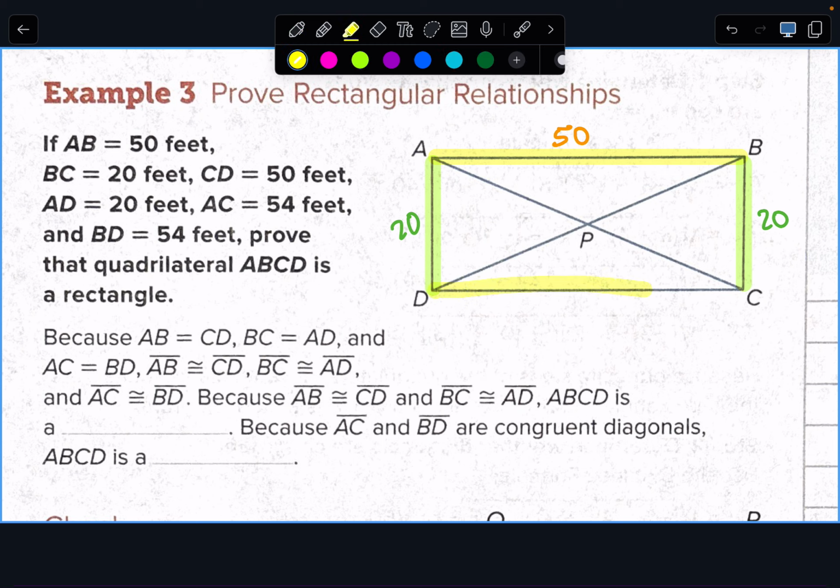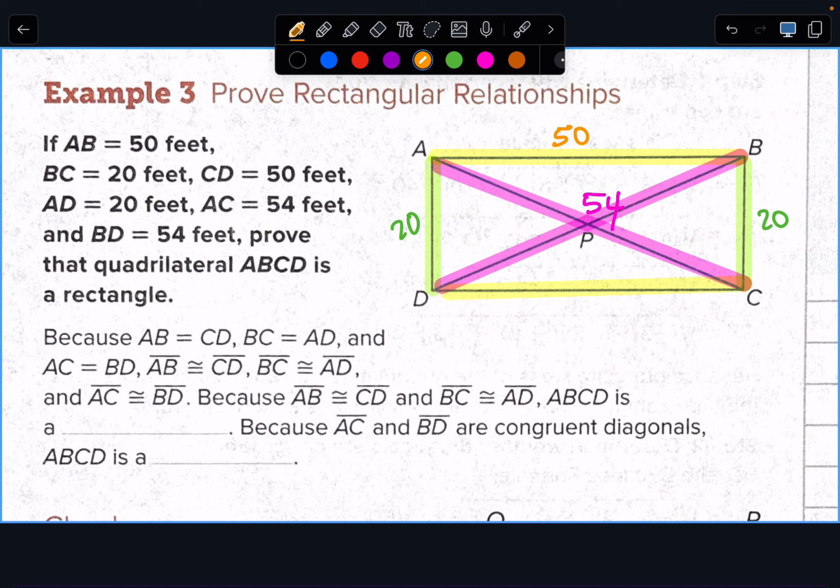AC is 54. And BD is 54. Did I skip a 50? Oh, it does tell you.